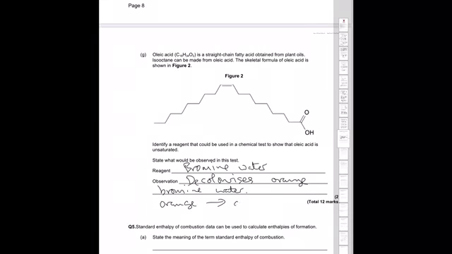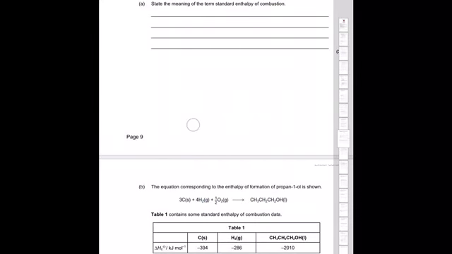Right, next question. So this is a standard enthalpy of combustion type question. State the meaning of the term standard enthalpy of combustion.